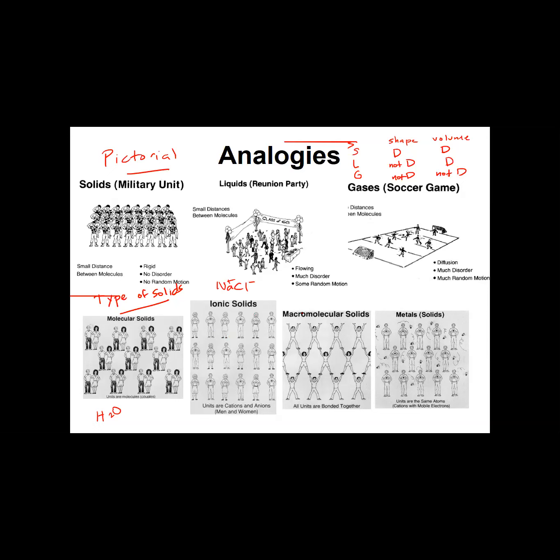Okay. Now for the macromolecular solids, these are held by covalent bonds, either atoms or a set of atoms. So for instance, carbon in the form of graphite or other allotropes, they're just made up of what? Carbon atoms.